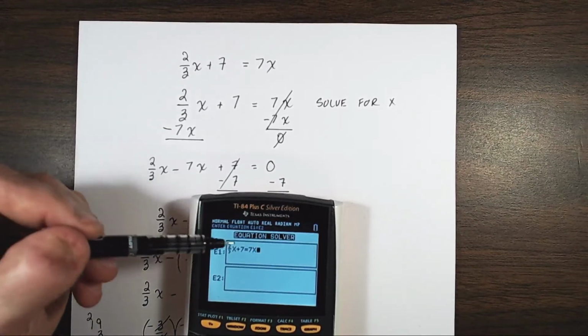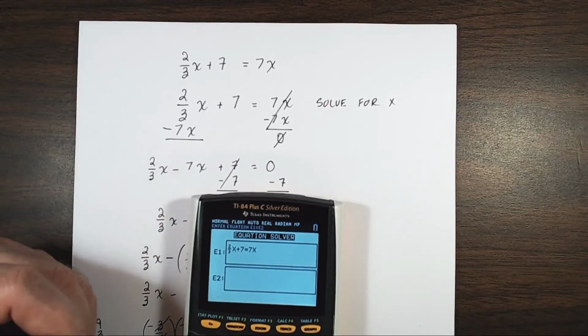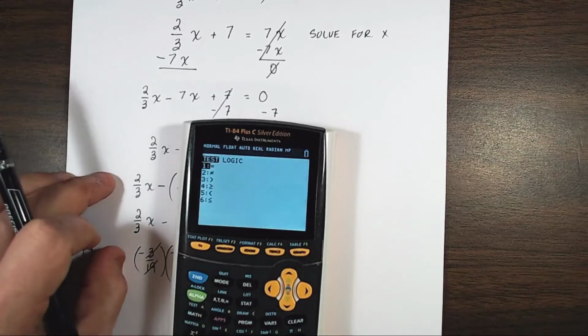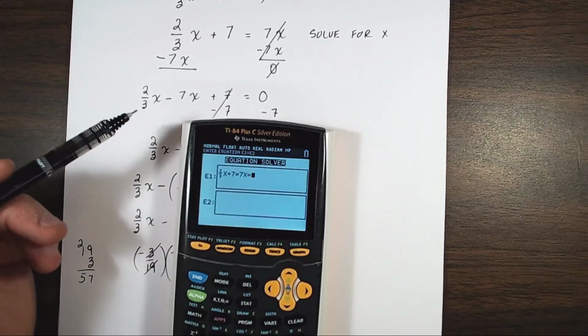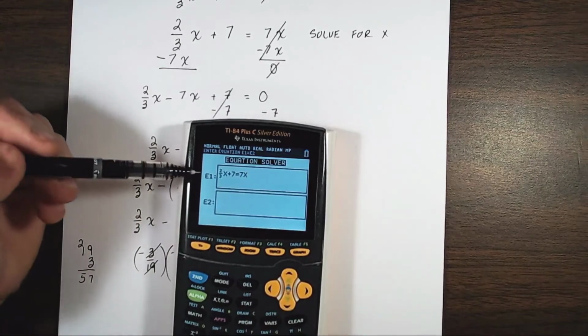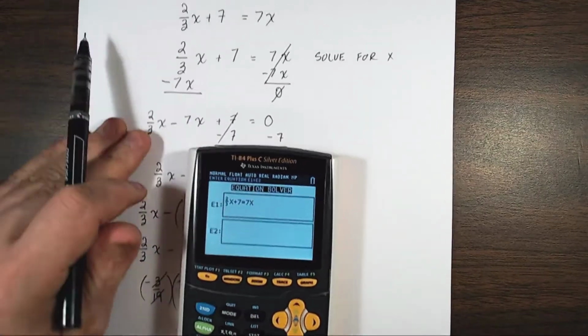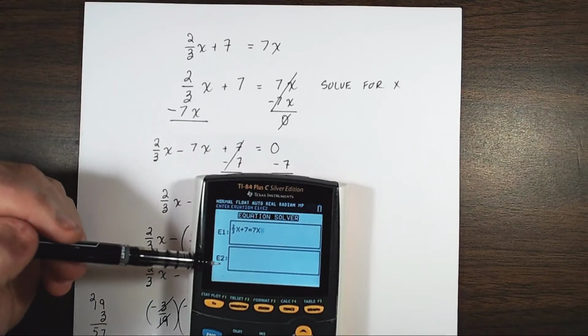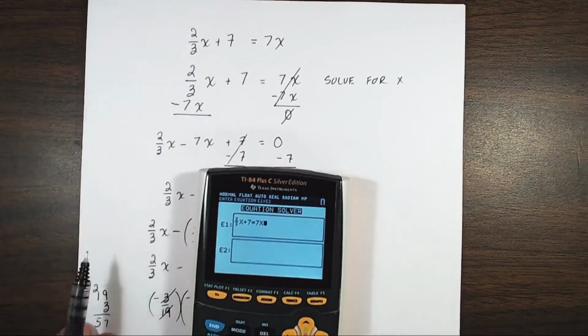If you don't know how to find the equal sign, you hit second math. Second math brings up this table here, and you can choose to add an equal sign if you want. Another way you could do this is by putting the left side of the equation in E1 and the right side of the equation in E2. It really doesn't matter.